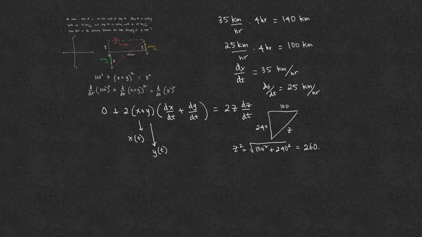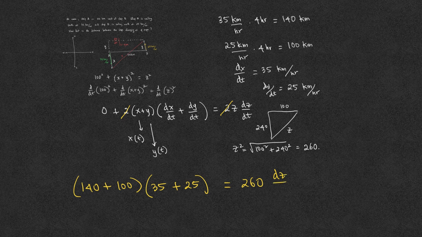The factor 2 and 2 canceled out, so we don't have to keep rewriting it. x is 140, y is 100, dx/dt is 35, dy/dt is 25, z is 260, and dz/dt is what we're looking for. This is 240 times 60 equals 260 dz/dt.